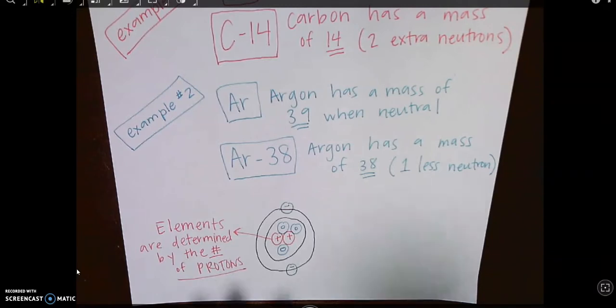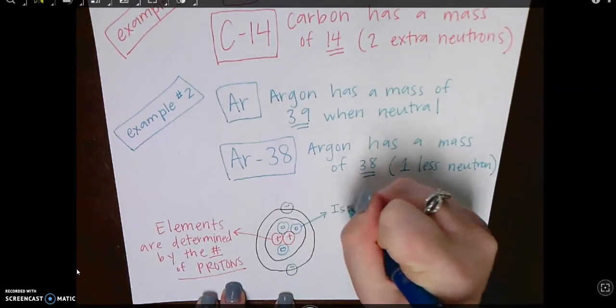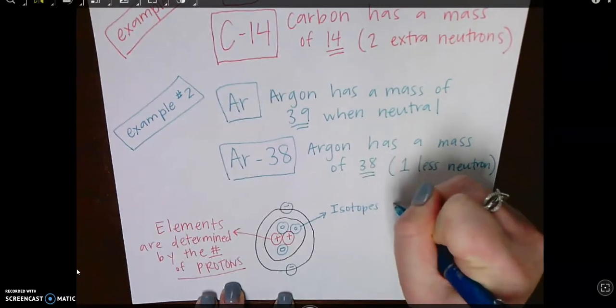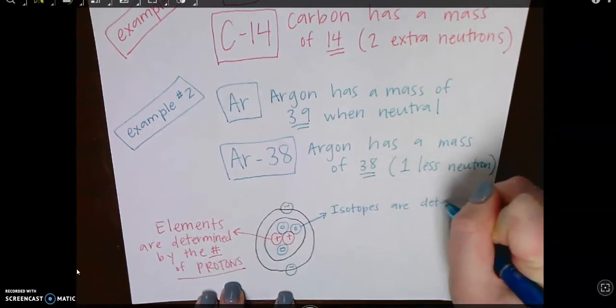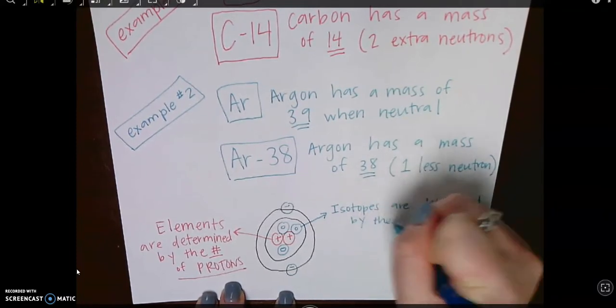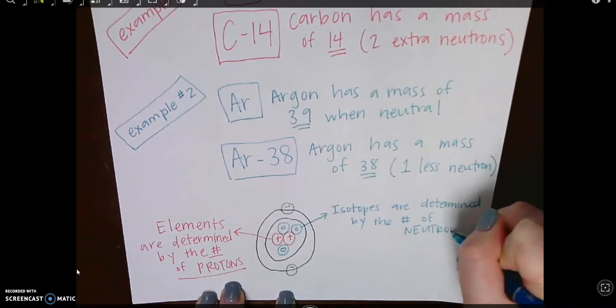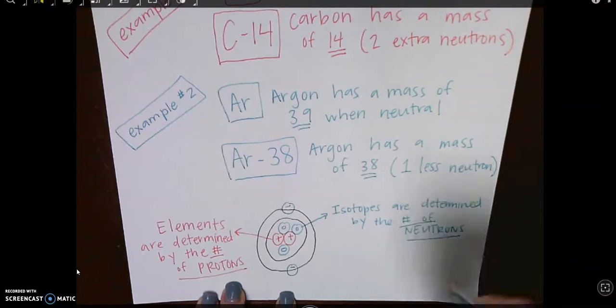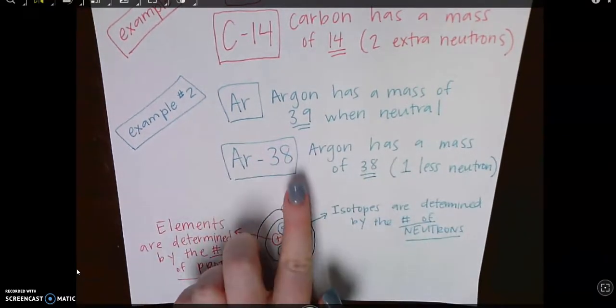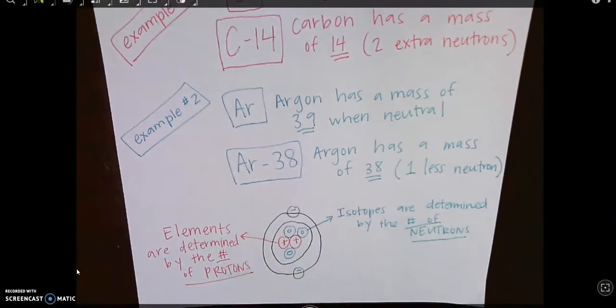So then let's stay in the nucleus and go on to the neutrons. We know that isotopes, like we just spoke of, are determined by the number of neutrons. So if I see a variation in the number of neutrons, and it would be written this way with that dash and then the number of the atomic mass, I can still determine how many neutrons are there by taking my new mass and subtracting the number of protons.